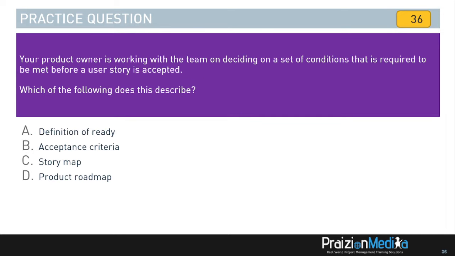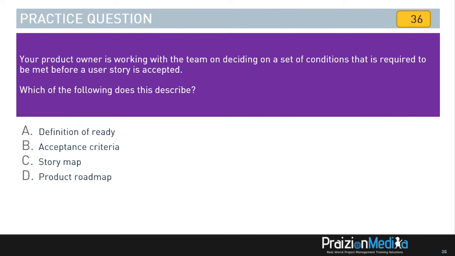Your product owner is working with the team on deciding on a set of conditions that is required to be met before a user story is accepted. Which of the following does this describe? Okay. The best answer to this, my friends, is not option A. It's not the definition of ready.